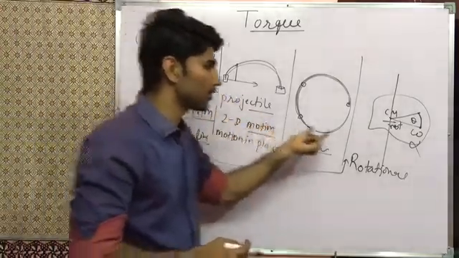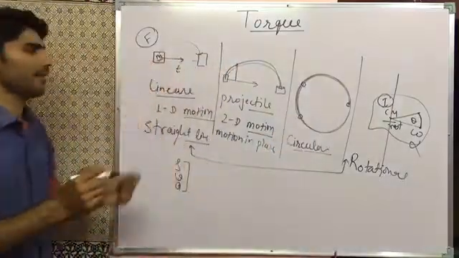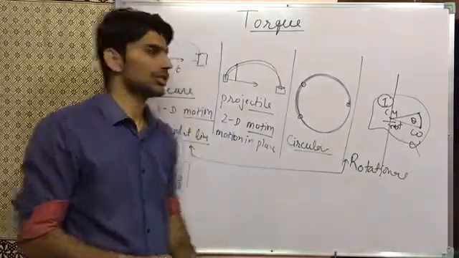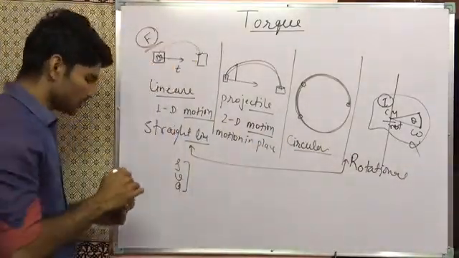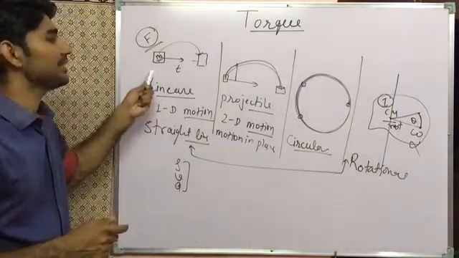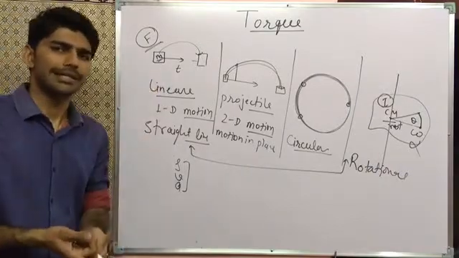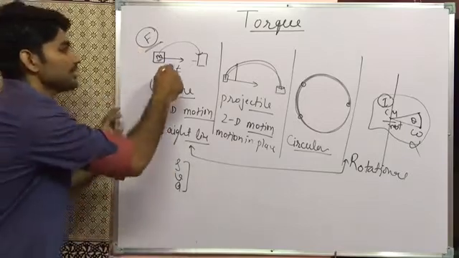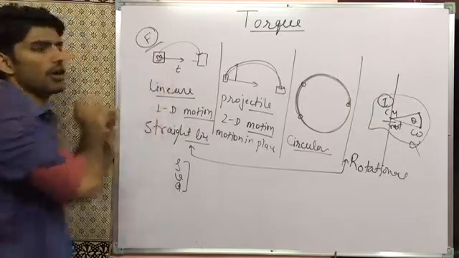And here in rotational motion we have the moment of inertia, which is the same as inertia and which also resists the change in the rotational motion. So force is the property or tendency to change the motion, or we can say to change the linear motion. Force is something which changes the linear motion of any object.